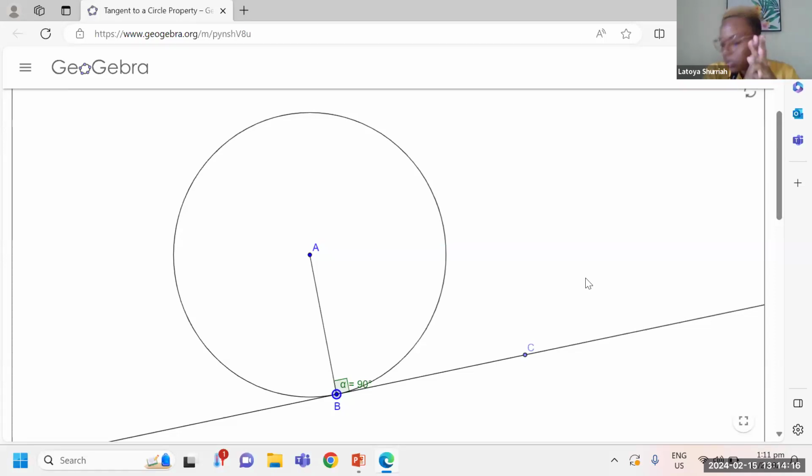Lovely. We don't have to say it one way. Anywhere you can say it, that's fine. So when we have a radius meeting a tangent, they form a 90-degree angle. There's a P word that we use in mathematics when two line segments meet and form a right angle. What's that P word? Perpendicular. Perpendicular. Come true, Yendi.